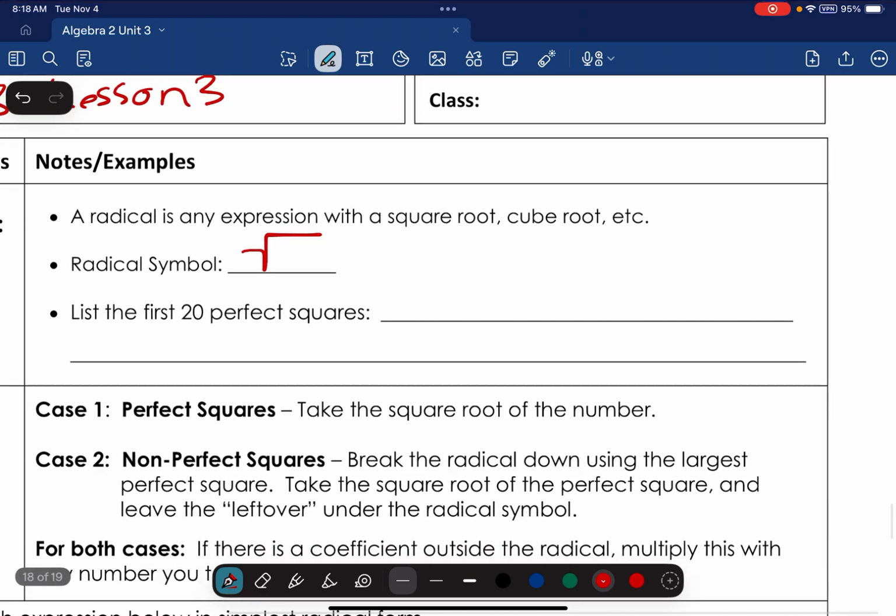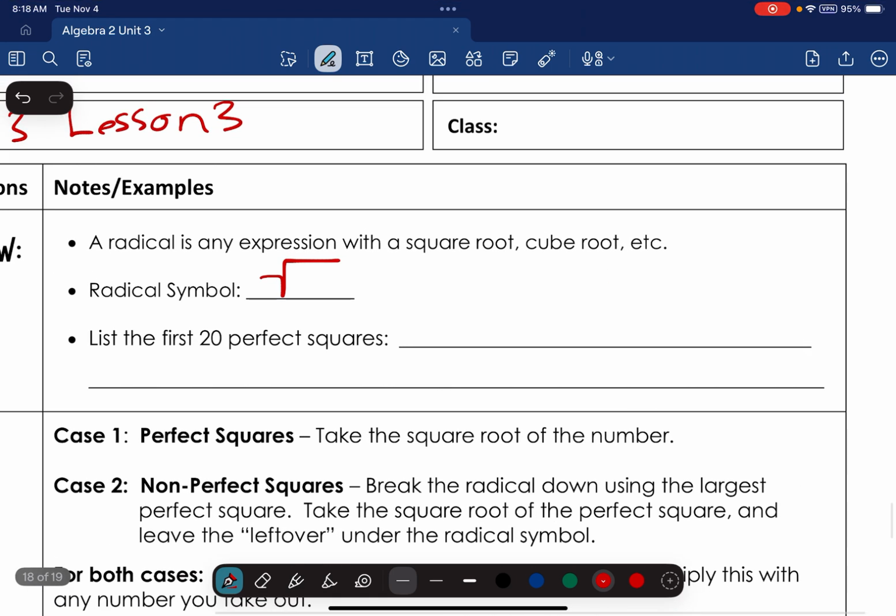We're going to list the first 20 perfect squares. So a square root, remember, is something times itself. So 1 times 1 is 1.